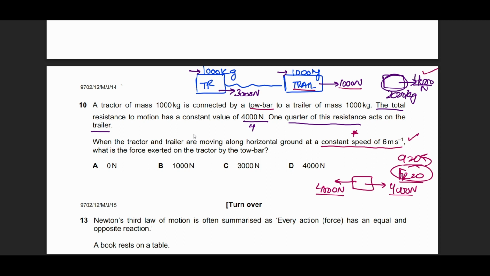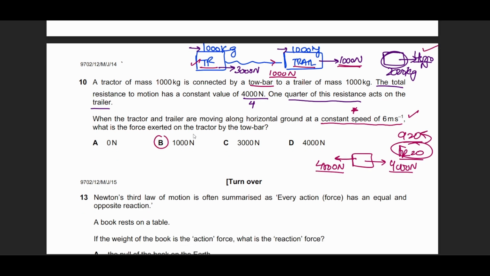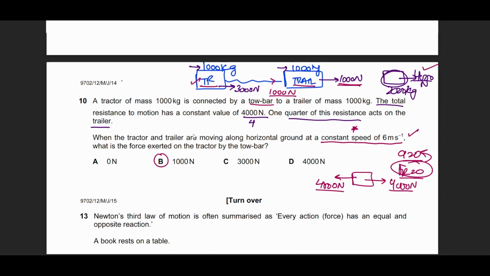Now this 1,000 newtons of drag will be felt by this tractor through this tow bar, and that will be in the backwards direction as 1,000 newtons of force, right? So the tow bar basically is just representing this drag force on the tractor by a force of 1,000 in the backwards direction, right? So this value will be actually 1,000. The tow bar is providing a force of 1,000 newtons for this trailer to move.